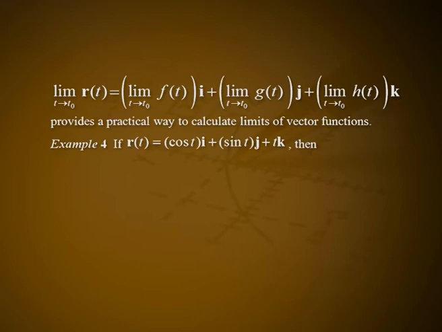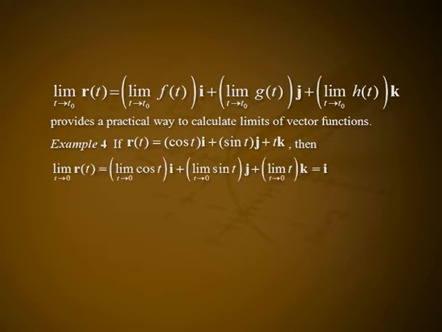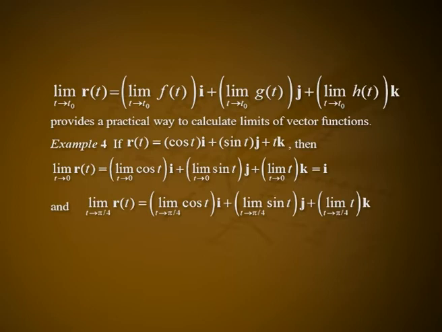Example 4. If r(t) = cos t i + sin t j + t k, then the limit as t tends to 0 of r(t) = limit of cos t i + limit of sin t j + limit of t k = i, and the limit as t tends to π/4 of r(t) = √2/2 i + √2/2 j + π/4 k.